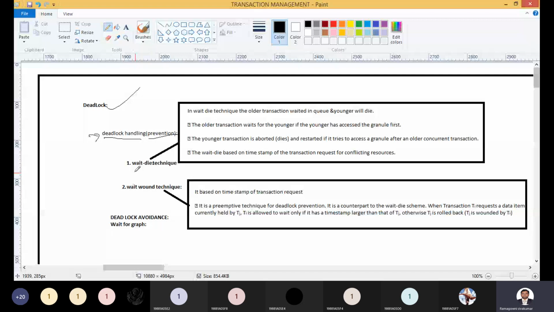One transaction is going to wait and the other transaction is going to die. So this will work vice versa. First we will see the wait-die technique, then the wound-wait technique. Then we will see deadlock avoidance by using the technique called wait-for graph. Okay, so first we will see what is deadlock.